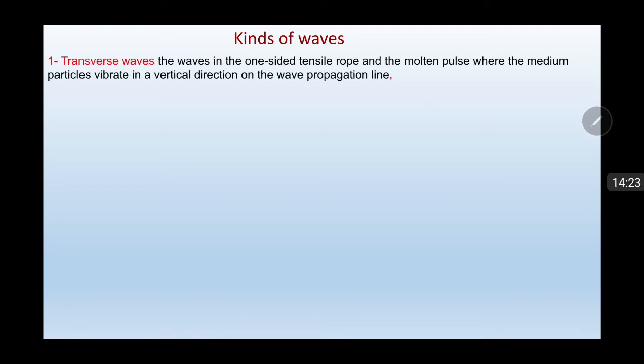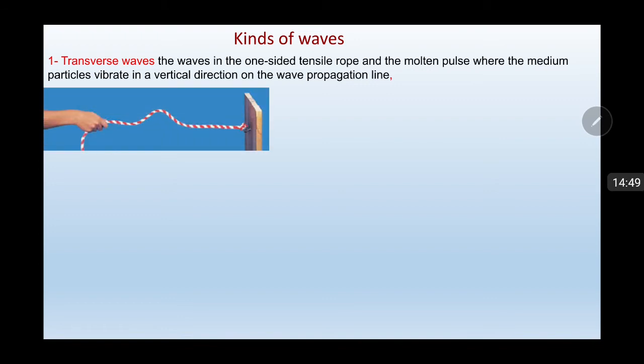Kinds of waves. If you remember, you learned in 8th grade, we have two kinds of waves. One of them is transverse waves. Another one is longitudinal waves. Transverse waves are waves in which the medium particles vibrate in the vertical direction, perpendicular to the wave propagation line.